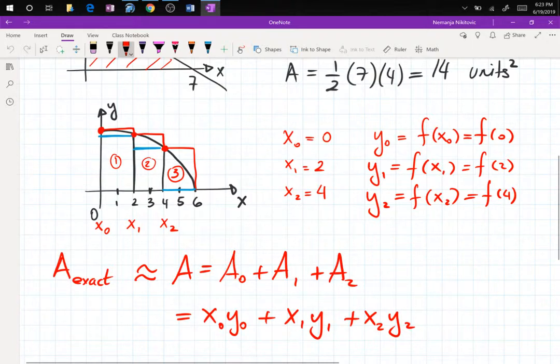Now, if any one of you want to call yourself a computer scientist and a programmer, your job is to, in whatever programming language you like, code this tonight, right? What do you code?